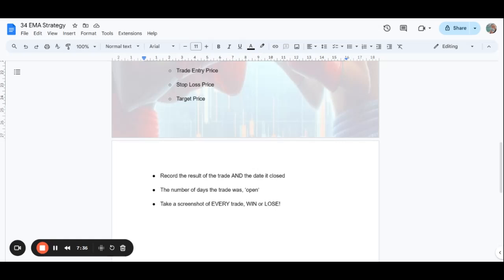And also really important is to take a screenshot of every trade, whether it's a win or a loss. The reason behind that is that when we're going back over our data, rather than having to go back over the chart, we can just open the trade up and have a look at it, and see whether we can start to see things where these things are starting to repeat.